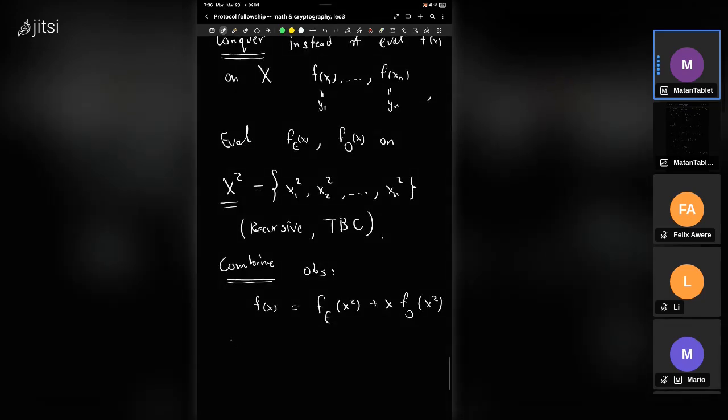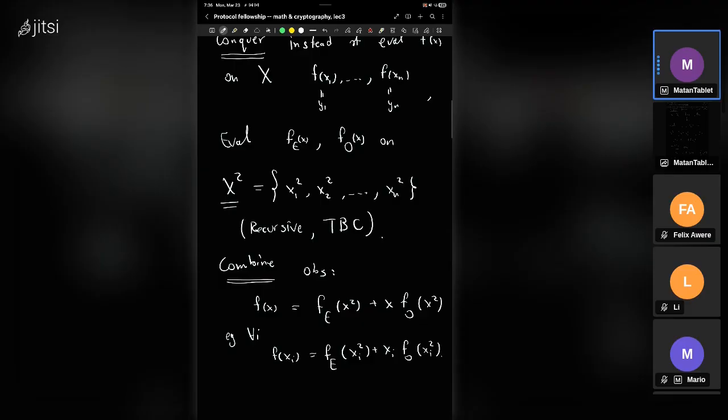In particular, for every i, f of xi is equal to Fe of xi squared plus xi times Fo of xi squared.